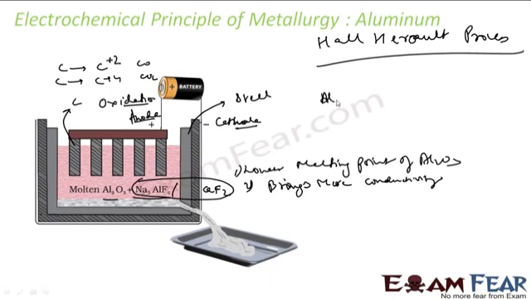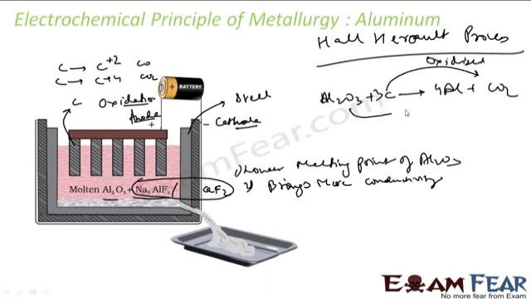Al2O3 reacts with carbon to form aluminum and carbon dioxide gas. Carbon is getting oxidized and aluminum is getting reduced. Since aluminum is heavy, it settles at the bottom and can be collected here. Correct?